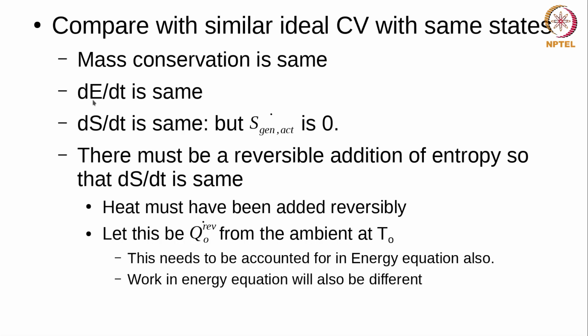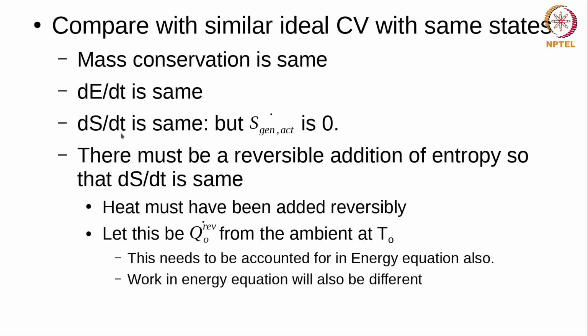The initial state is the same, final state is the same, it's happening over the same time. So dE/dt is the same. dS/dt is also the same because same state means the entropy of the actual control volume and the entropy of the ideal control volume should be the same. The initial entropy of both are the same, the final entropy of both are the same, it happens over the same time, so dS/dt is the same.